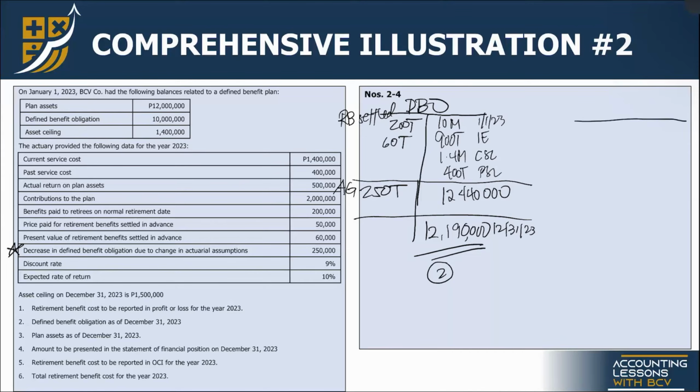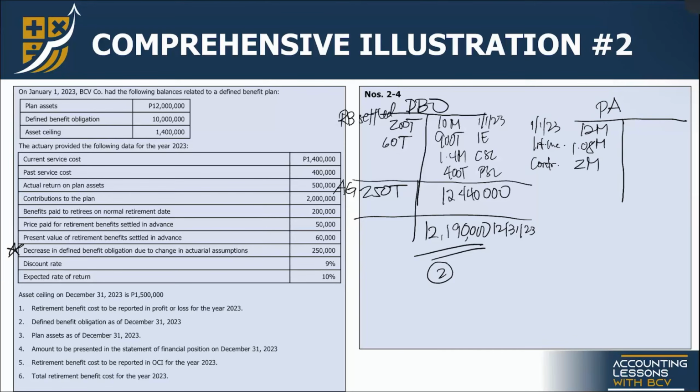Number 3, plan assets. January 1, 2023 balance, 12 million. Interest income, magkano? 12 million times 9%, 1,080,000, no? Contributions, how much? 2 million.